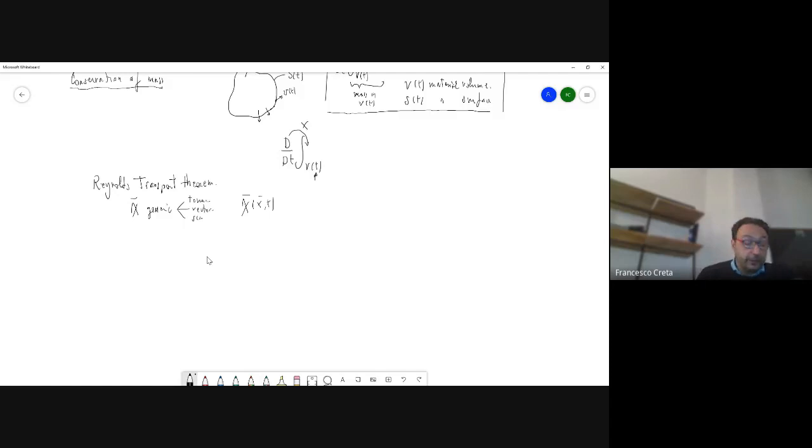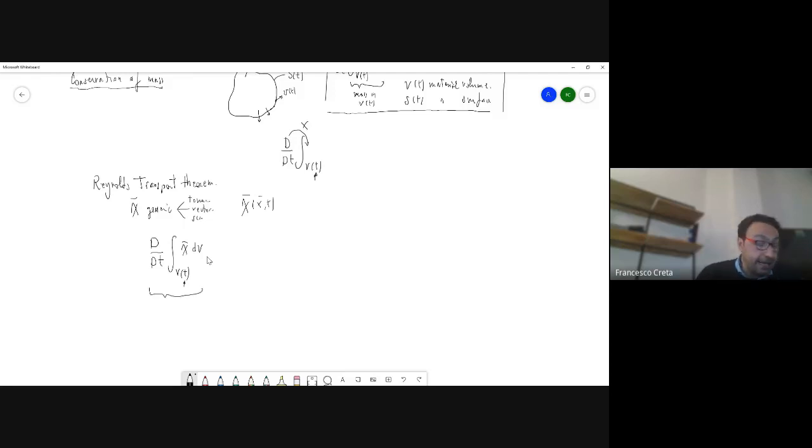The Reynolds theorem will give us an expression of the material derivative of the integral over the material volume V of t. That's why we're expressing it as a function of time, because it varies in time, of the quantity chi.